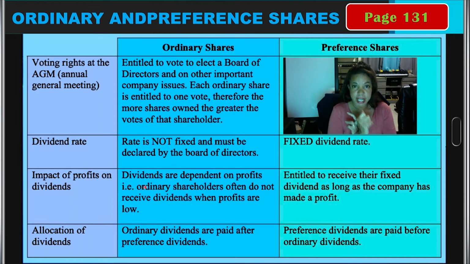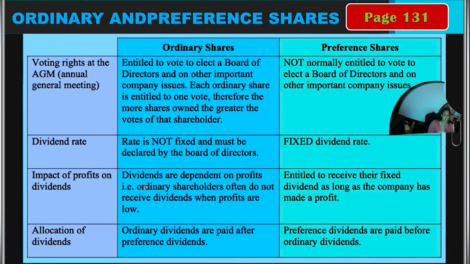So theirs is fixed, whereas the ordinary shareholders can receive different returns. Some years, nothing, other years, a lot. So that is the main thing in terms of the characteristics, but you can go and read up on it.